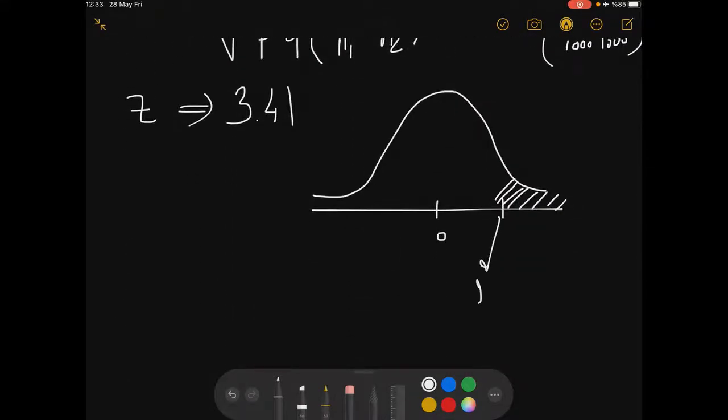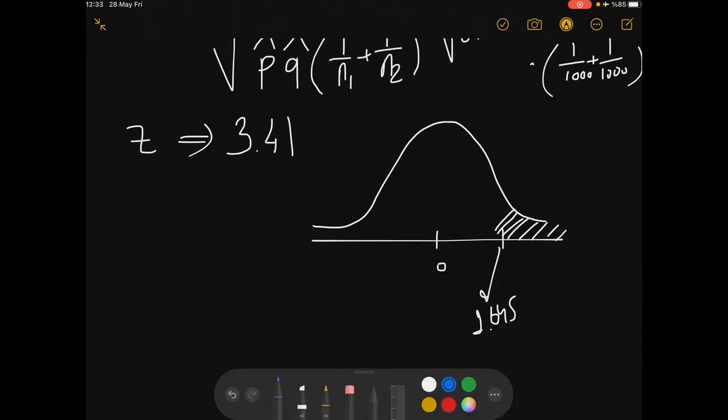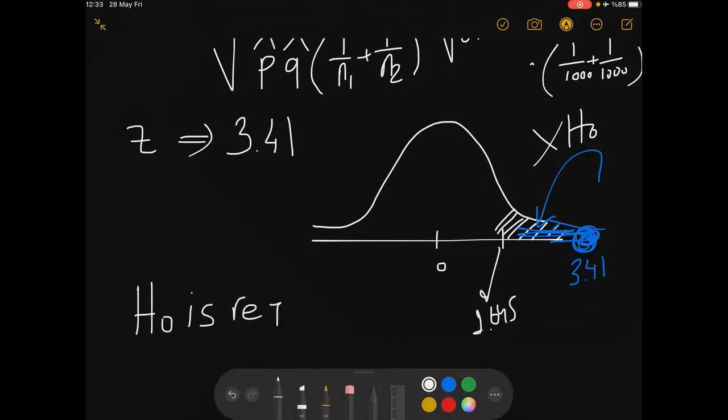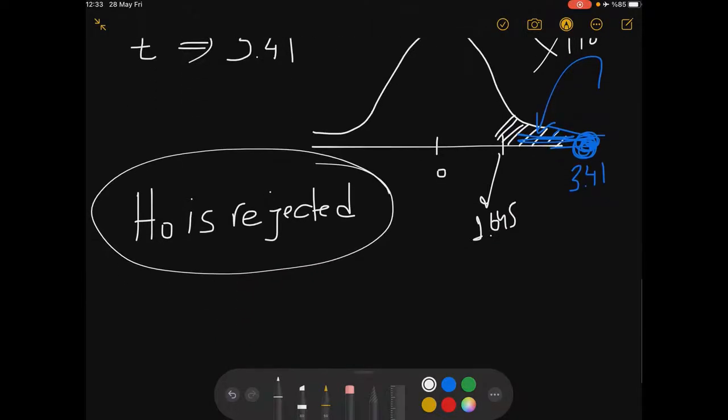But what we achieve here after our testing is 3.41, it is located here. So I reject H0. So your answer should be H0 is rejected.